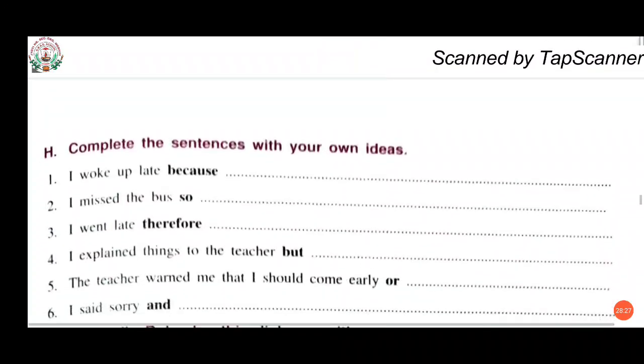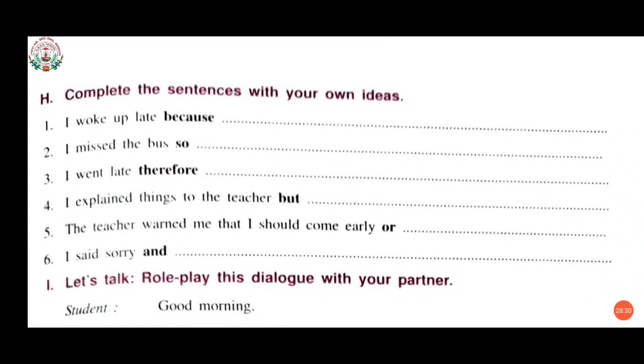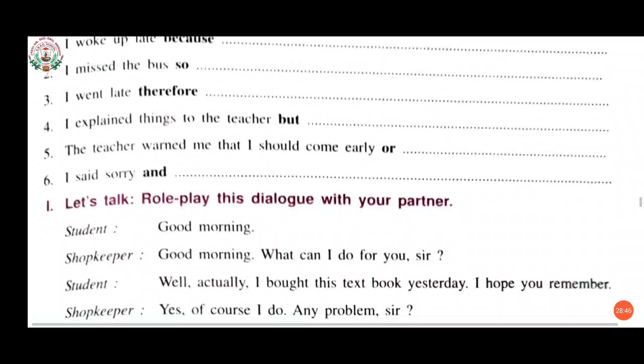Now H, complete the sentences with your own ideas. Like first question is given: I woke up late because I slept too late. I missed the bus, so I went late to school. Like this you have to complete the sentences.